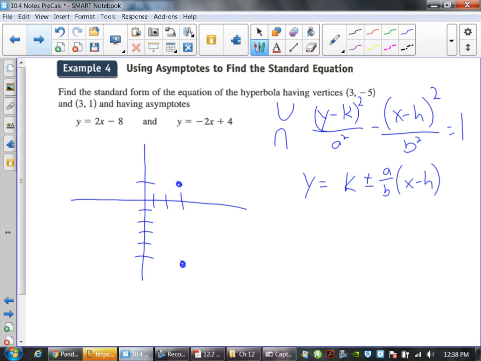You start with the stuff that you can figure out easily. I can easily find the center here. What is -5 plus 1? What's half of that? -2. Which means I have a center, an (h, k), at (3, -2). So I can start filling in the blanks.